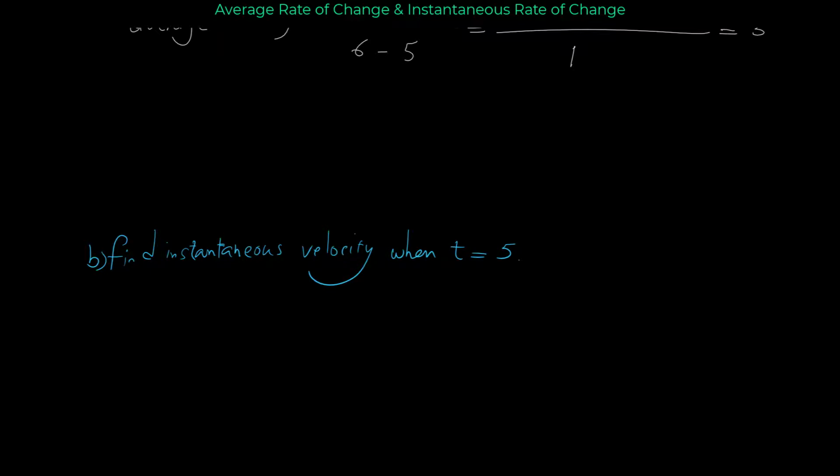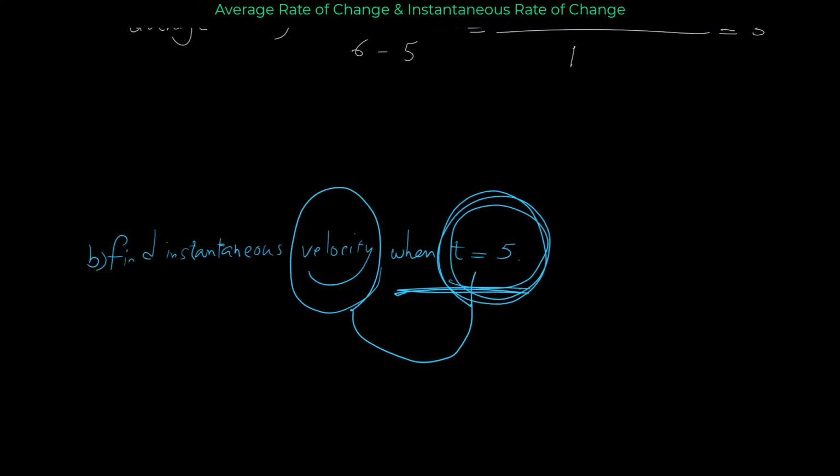They directly say you find velocity when t equals 5. When you have only a single number and you want to find velocity at that time, this velocity is basically instantaneous velocity, which means what is velocity exactly at that moment.